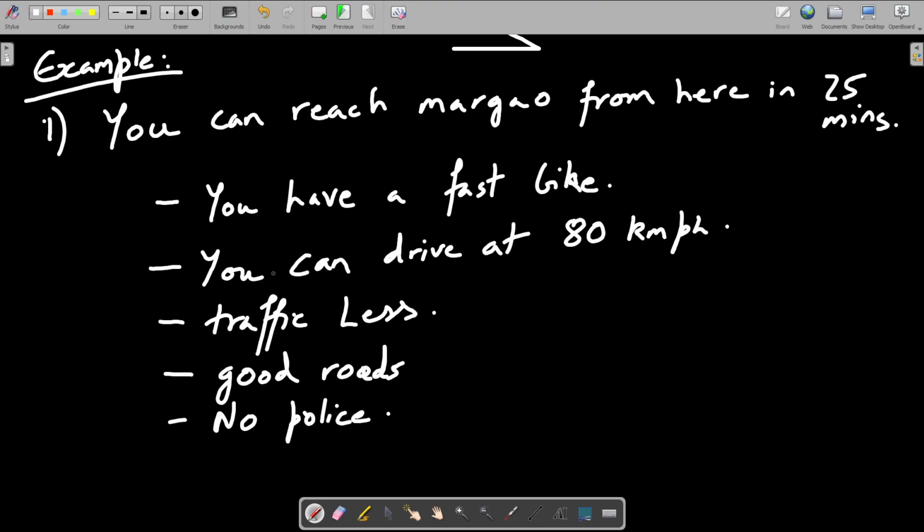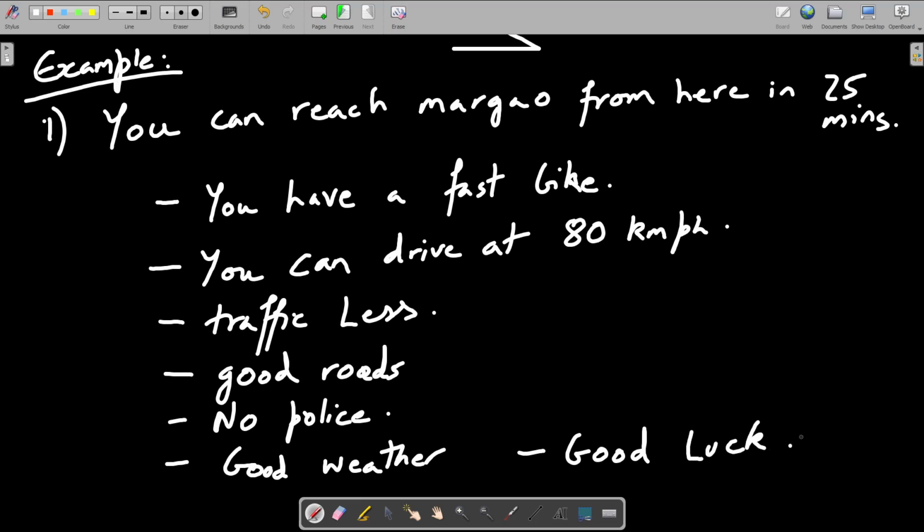No power cuts. Good weather. What else do you require? God's blessings, but good luck we'll say directly. Good luck for many other things.